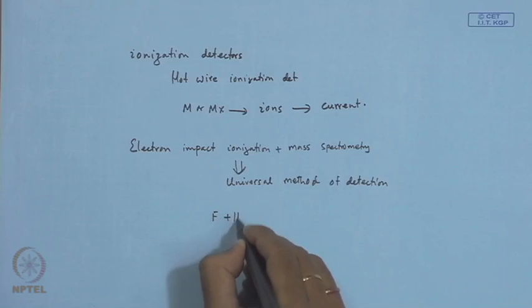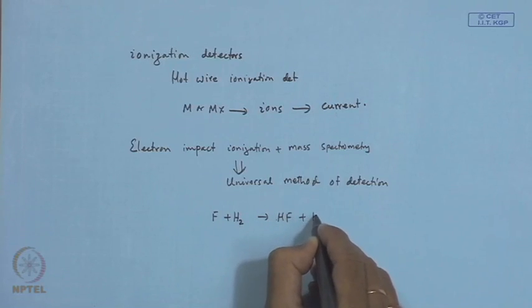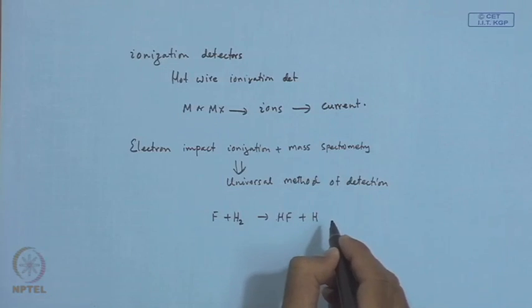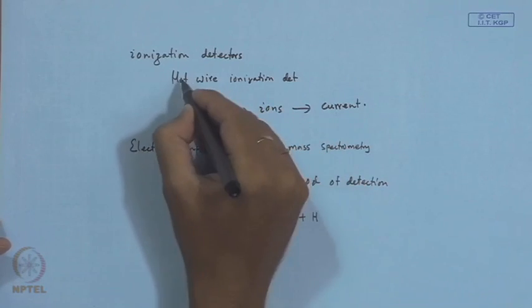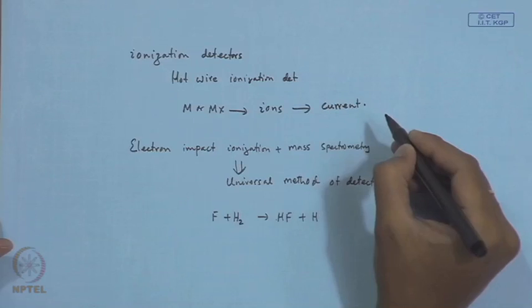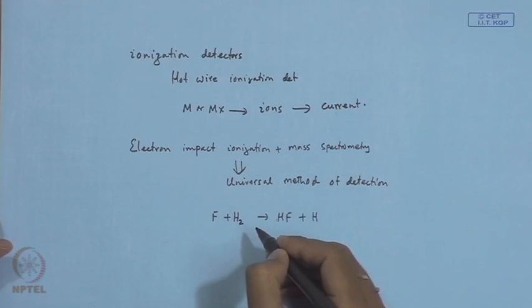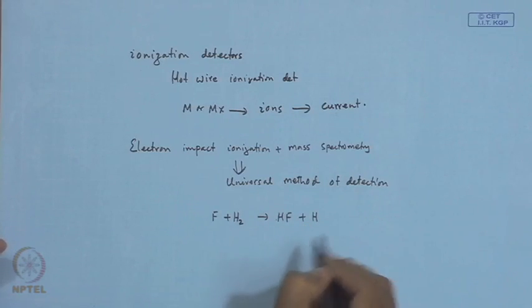For example, say F plus H2 giving rise to HF plus H. So, this problem is there, that is its limitation. And for the earlier one, the hot wire ionization is not that great in speed resolution, but here quantum state resolution is not possible.